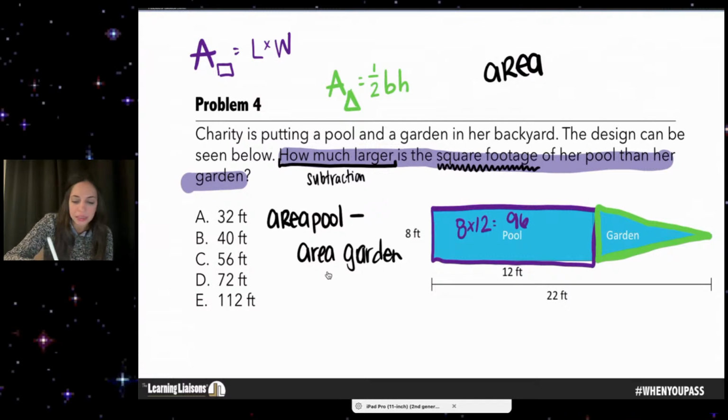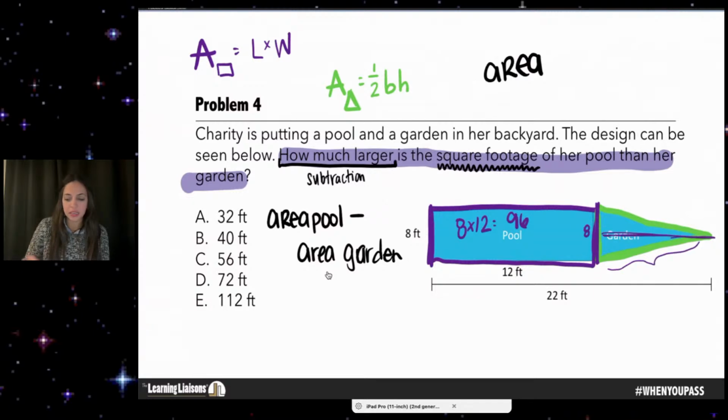Well, my base is going to be 8, because if this side of the rectangle is 8, then this side of the rectangle is going to be 8. But they didn't give me this side, and they didn't give me this height. So what am I going to do? I know I'm going to end up with area equals 1/2 base times, what is that height value?